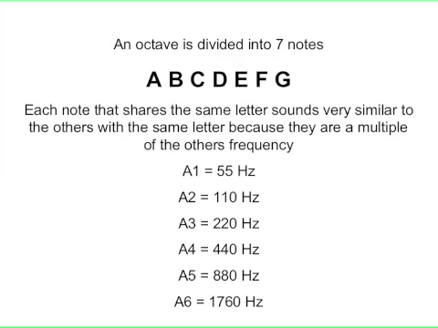A4 to A5 doubles to 880, and so on and so on. So this is essentially how harmonics are working. Once again, we're using this hertz measurement, which is frequencies, the cycle of vibration, the number of cycles per second. And we're seeing here a mathematical explanation of how a range of octaves works.